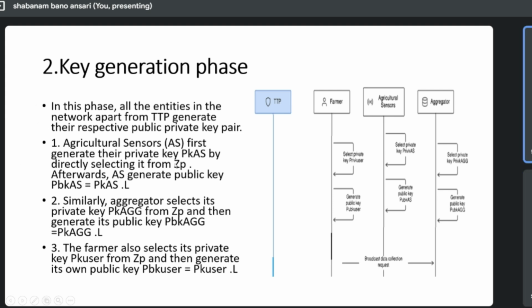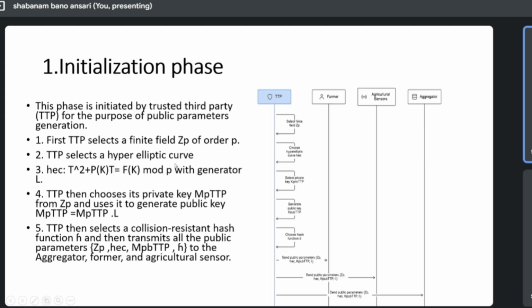Don't forget that the aggregator should be in the intermediate position. You have not made a good position. We have the third party, then we should have the sensors, aggregator, then farmer, in this order. No, it's okay, it doesn't matter.